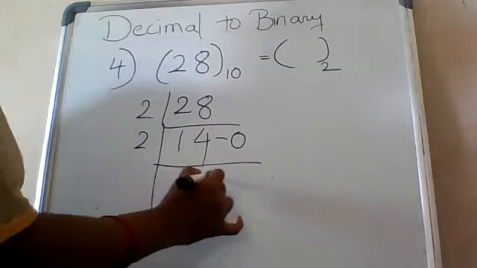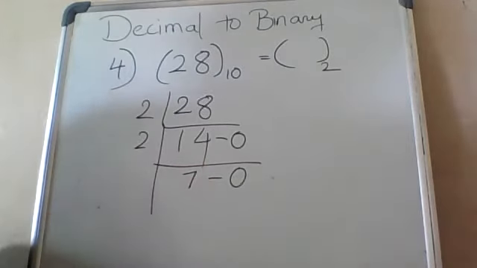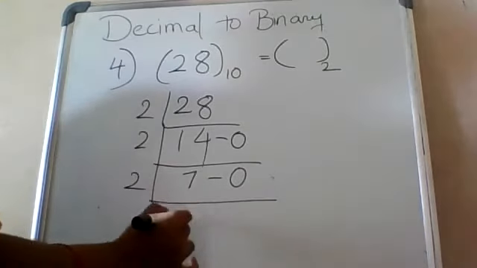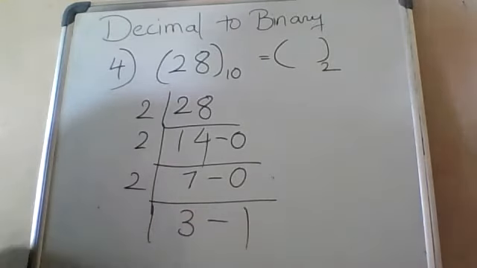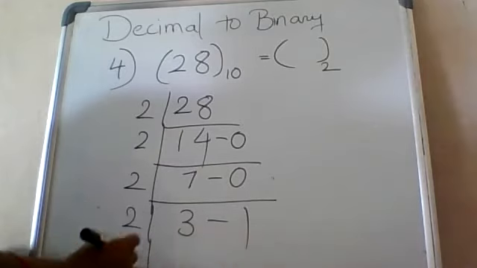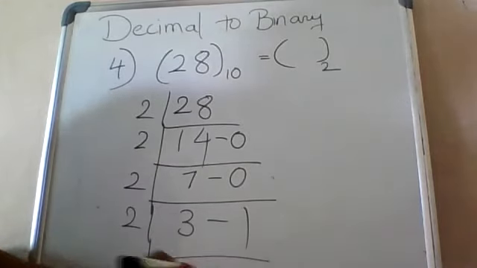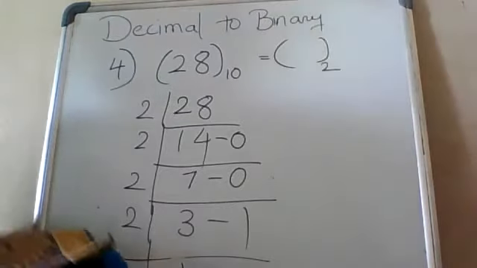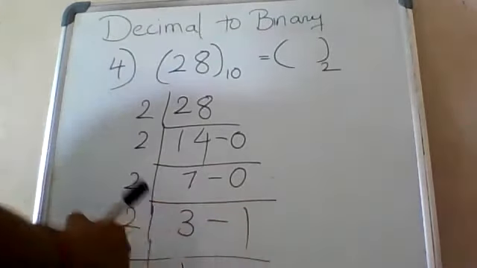2 7s are 14, remainder 0. Next 2 3s are 6, remainder 1. 2 1s are 2, remainder 1.